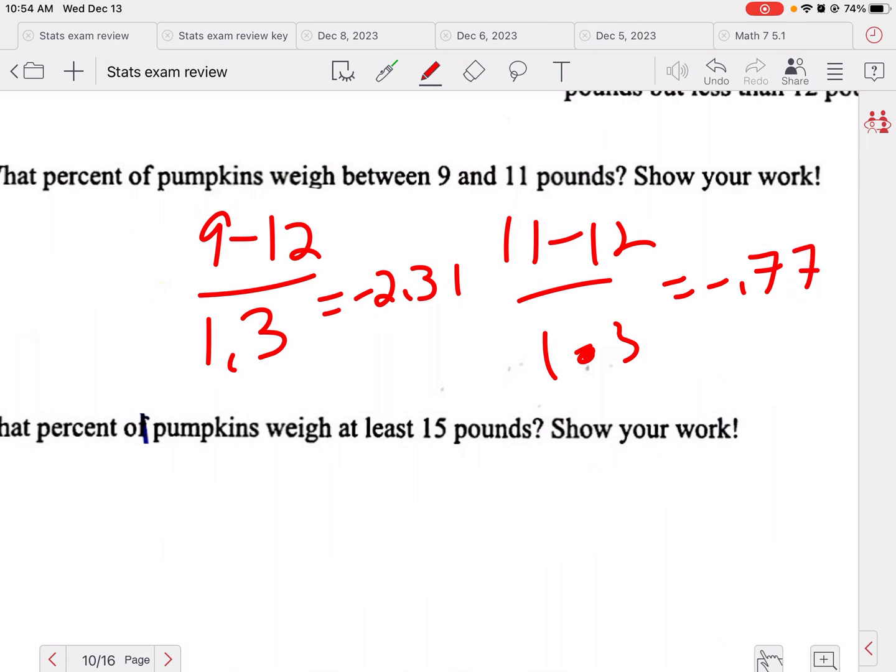Okay. And then I would go ahead and find that on the outside of my z table. So I have both negatives. Negative 2.31 is going to be 0.0104. And negative 0.77 is 0.2202.